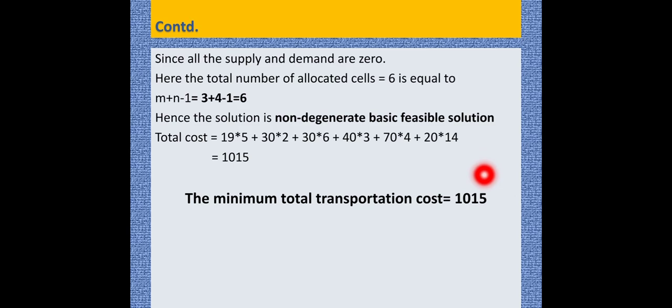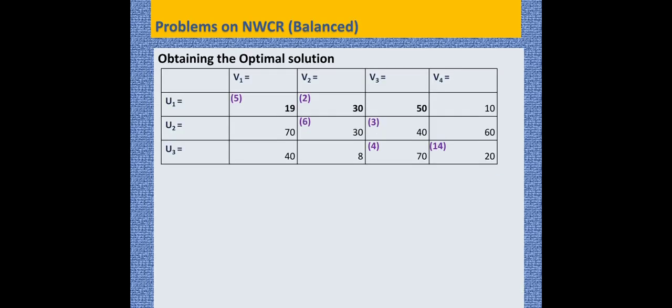Now we need to check whether the cost identified is optimal or not. So we will use the Modi method for that. So now you need to calculate U1, U2, U3, V1, V2, V3 and V4.